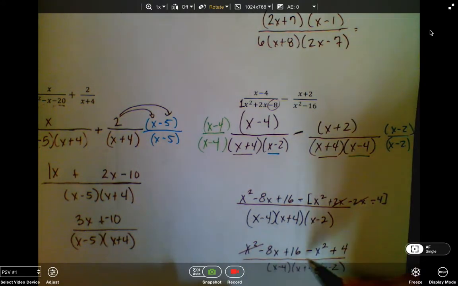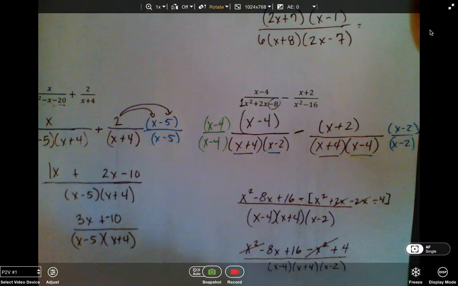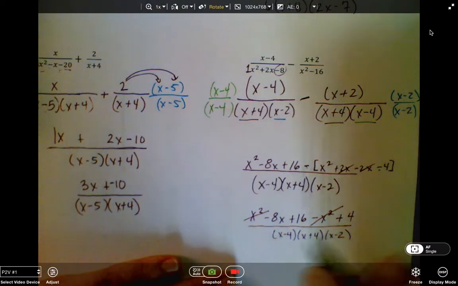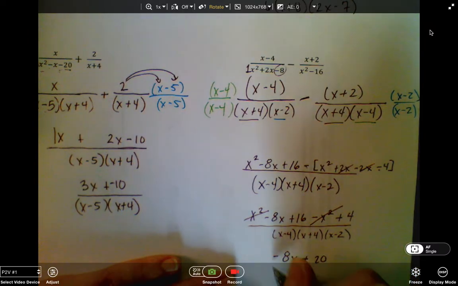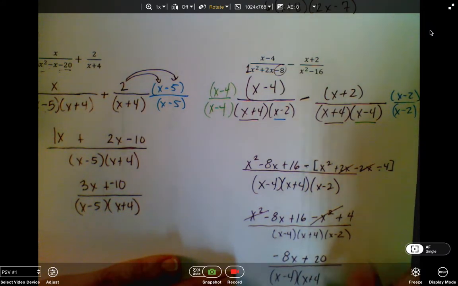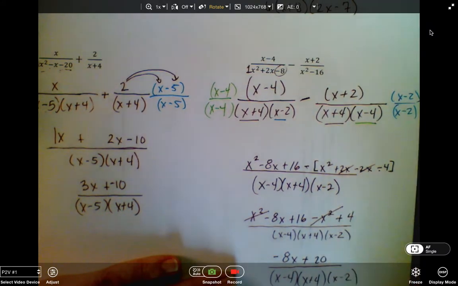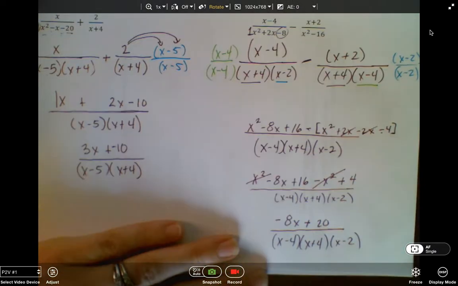Okay. x squared minus x squared is going to go to 0, and that's going to leave us with negative 8x plus, let's see, 20, all over x minus 4, x plus 4, x minus 2. Let's scoot that up so you can see.